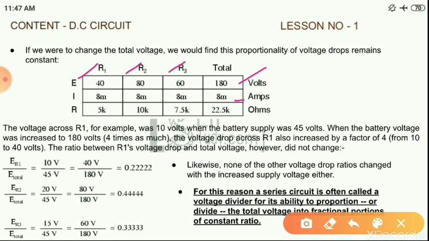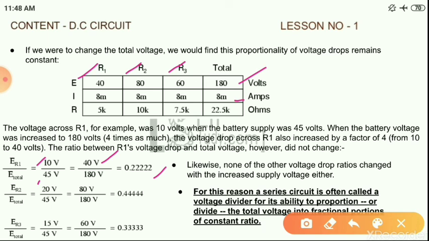In the first circuit, we found that the voltage drop across R1 is 10 volt and the total voltage was 45 volt. Then the ratio would be 0.222, and in this circuit where the voltage increased 4 times, to 180 volt, now the voltage drop across R1 is 40 volt. So here also the fraction is 0.222.